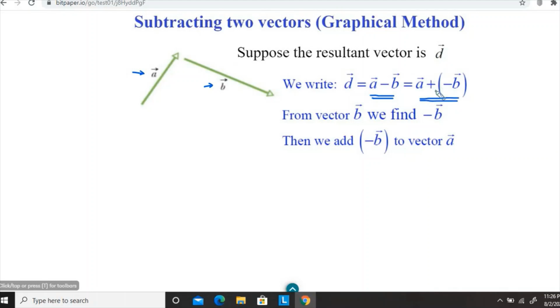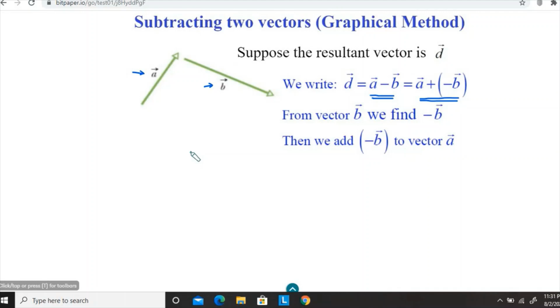That is vector A plus vector minus B. So instead of vector B, now we need the minus B vector. So if you know the B vector, in order to get the minus B vector, you simply multiply it by -1, which will make vector B completely reverse itself.